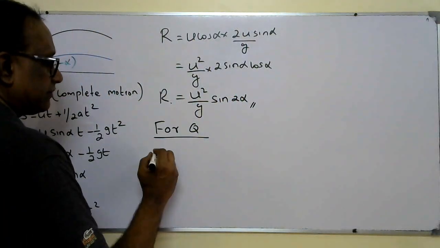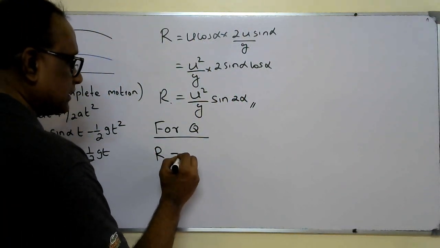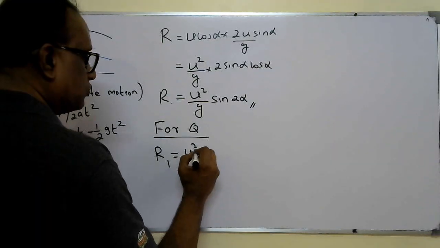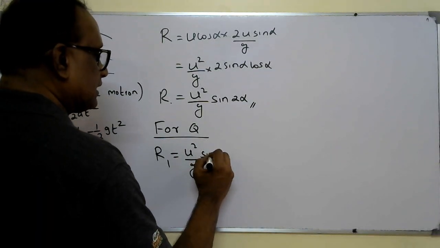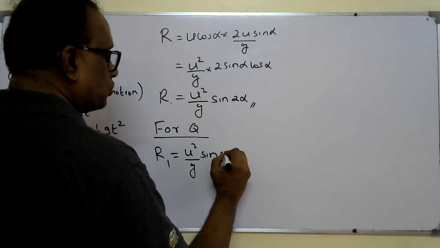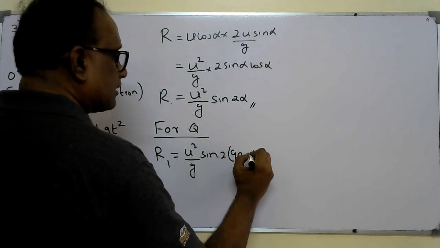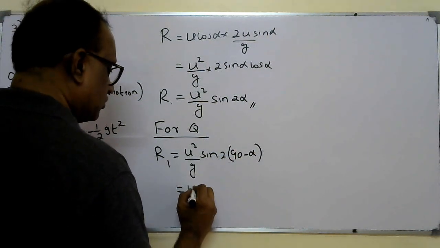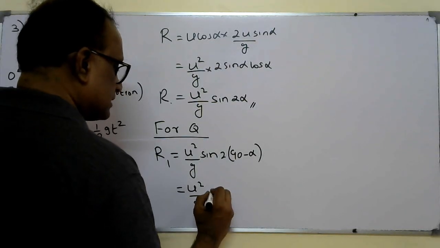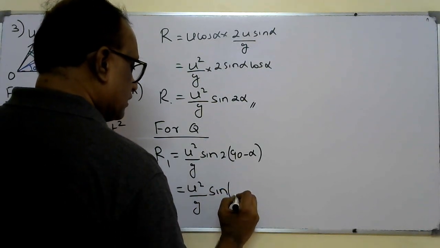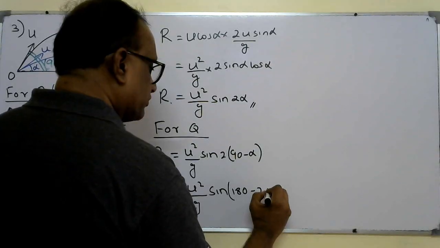So if I take that range, its range R1 is equal to u squared over g sine, instead of this 2 alpha, 2 times 90 minus alpha. That's going to be u squared over g sine of 180 minus 2 alpha.